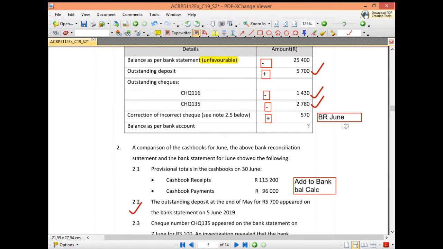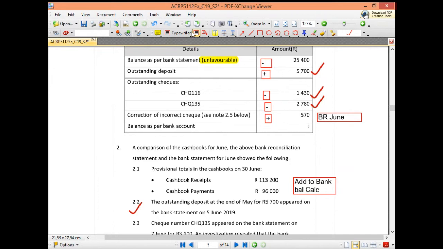Okay, so that is the first step to work out your opening balance. We're going to take the negative 25,400, we add the 5,700, we deduct the 1,430, we deduct the 2,780, and then we add the 570.